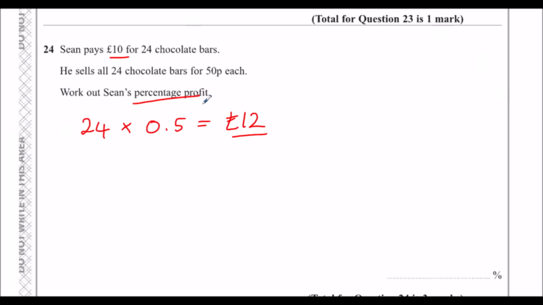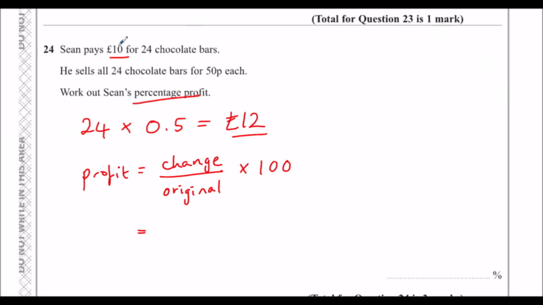So percentage profit is going to be the change, how much the amount of money has gone up by, divided by the original, and then times 100. So it's gone up by £2. He had £10, now he's got £12.